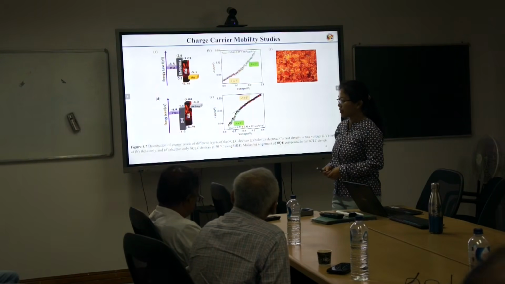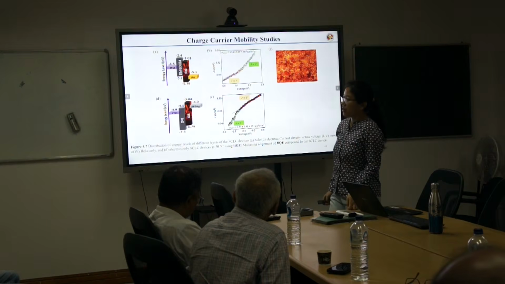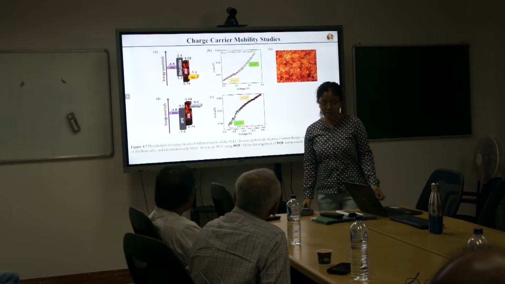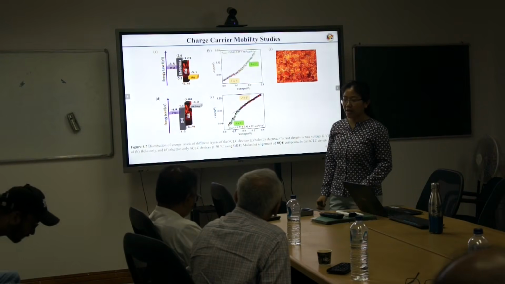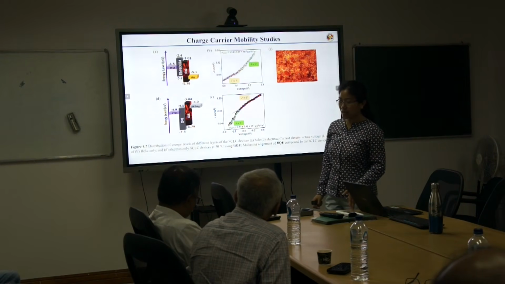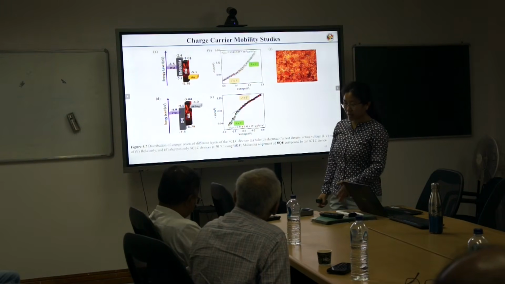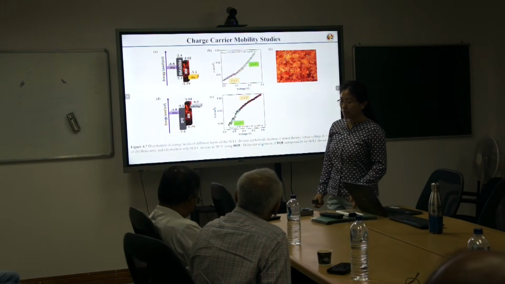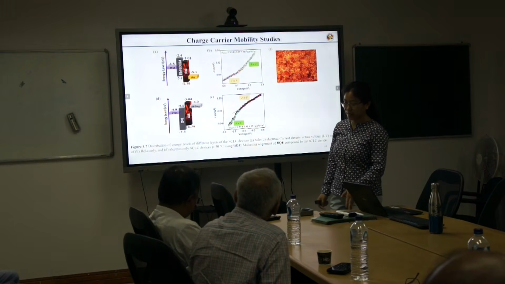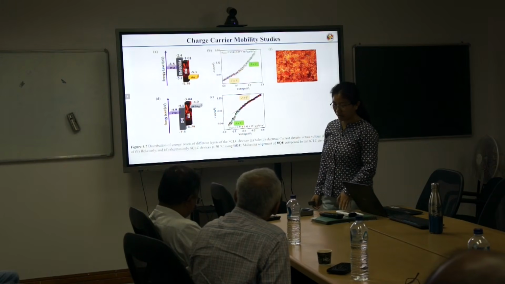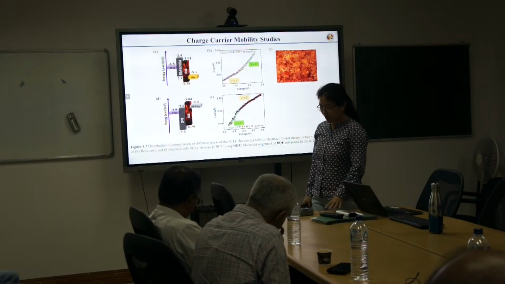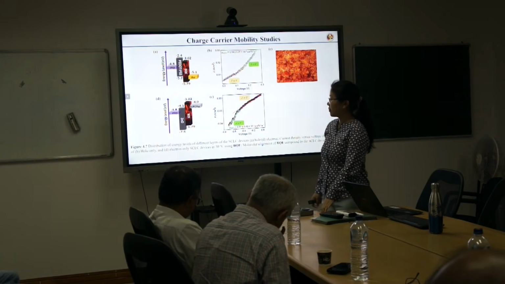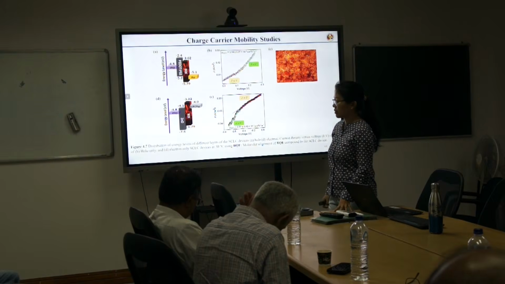What will be the final application? Sir, since they are liquid crystalline molecules, the advantage is that they can be used for flexible devices, which inorganic semiconductors may not give. So they can be used for flexible devices that work on the basis of semiconductors. So that is yet to be tested, right? Yes, sir.